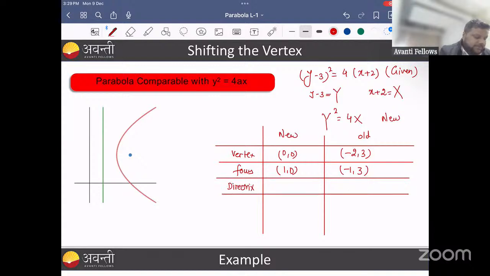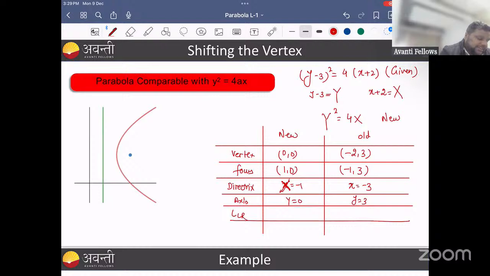Now there comes directrix. Directrix will be X equals to minus a. So X equals to minus 1. Capital X is minus 1. So when capital X is minus 1, directrix will be small x is minus 3. Axis for the new parabola will be the x-axis, that is capital Y equal to 0. So small y equals to 3 is the axis.